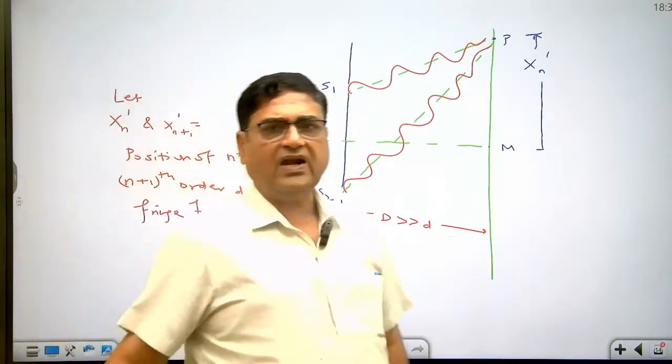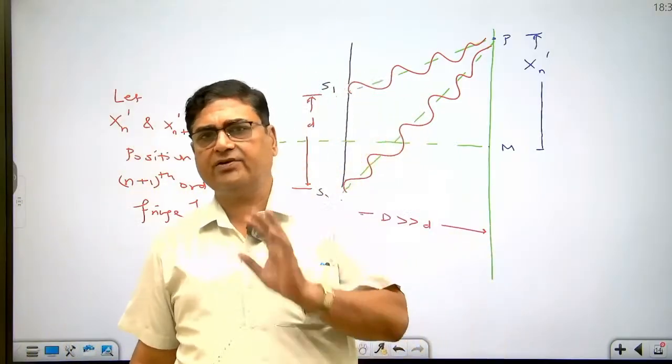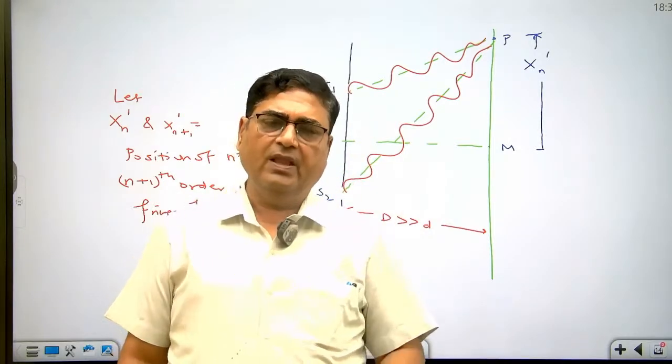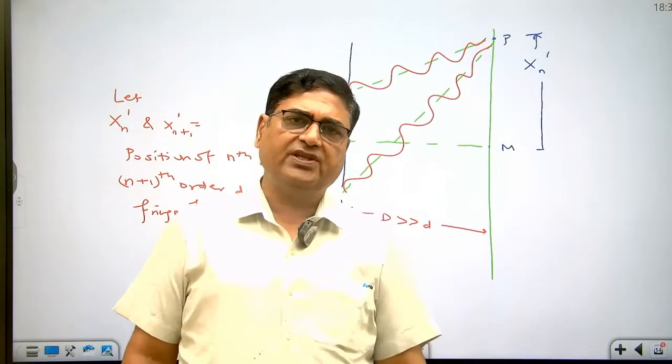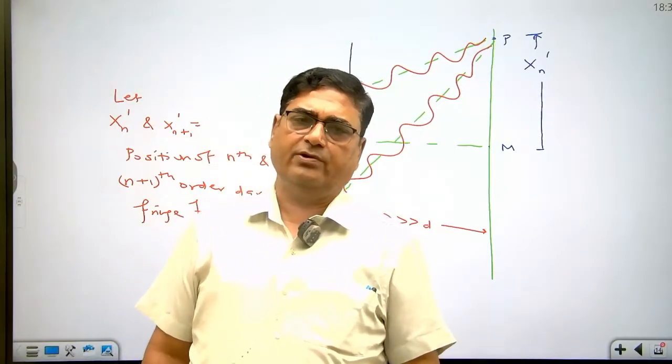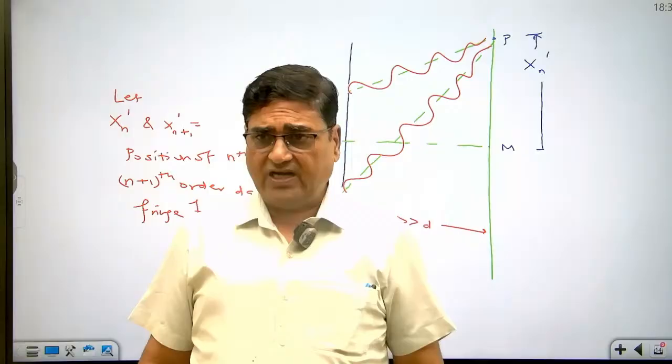And we know dark fringe is formed at the screen when destructive interference takes place. For first dark fringe, path difference should be lambda by 2. For second dark fringe, path difference should be 3 lambda by 2. For nth dark fringe, path difference should be (2n minus 1) lambda by 2, when the value of n starts from 1 to 3.